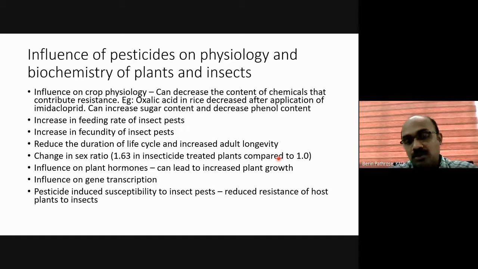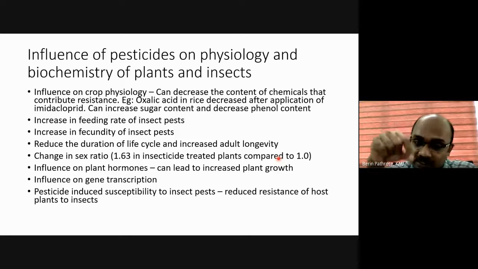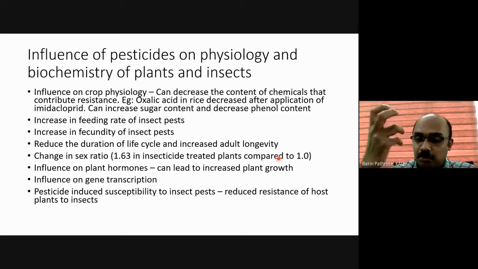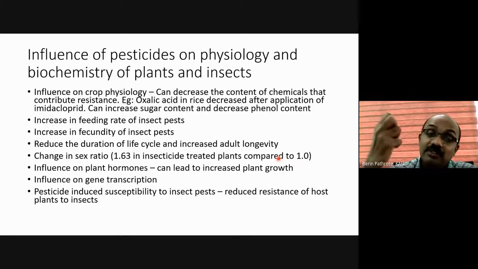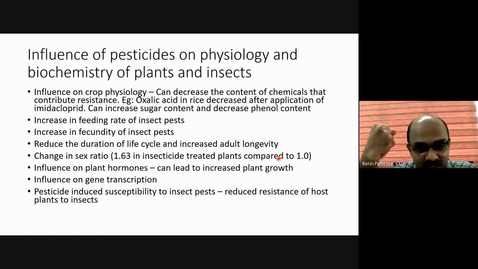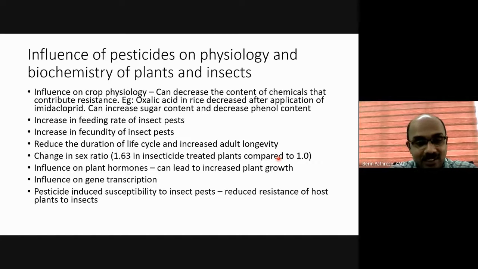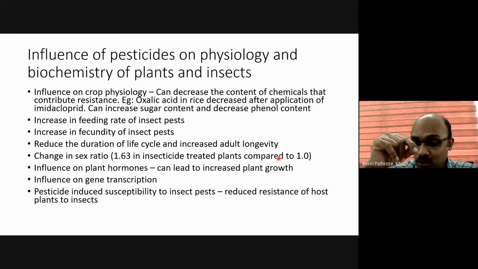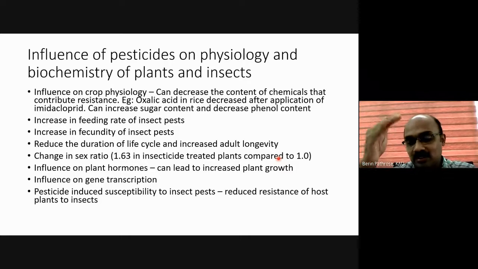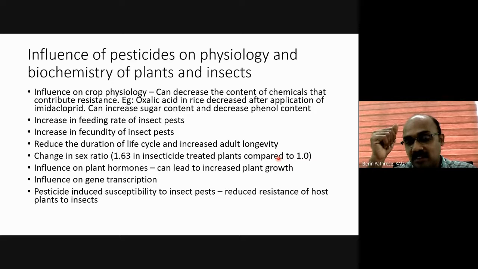If you're using imidacloprid in rice, the oxalic acid, a compound present in rice which contributes to resistance to insect pests, will decrease, and the sugar content will increase. As you all know, phenol is a compound which imparts resistance in crops.